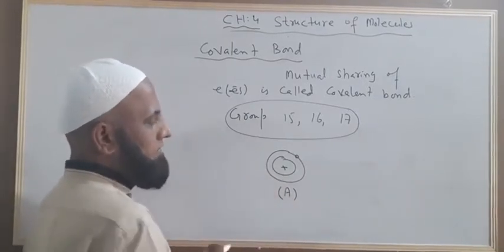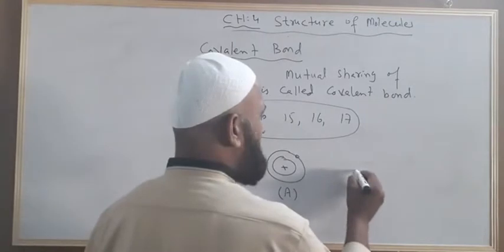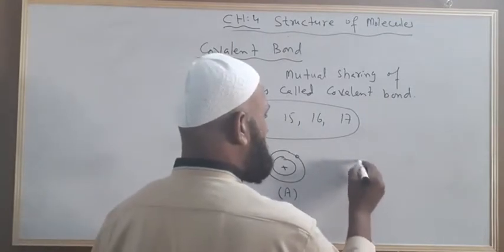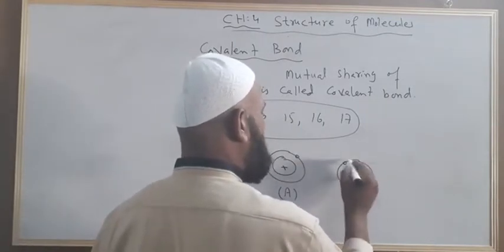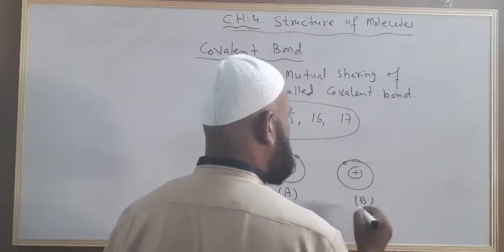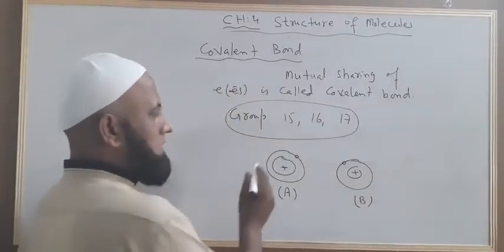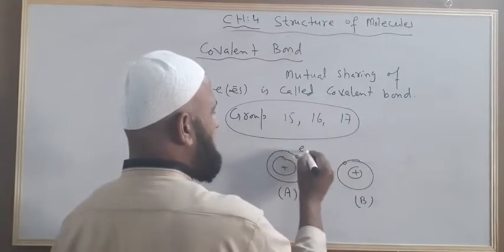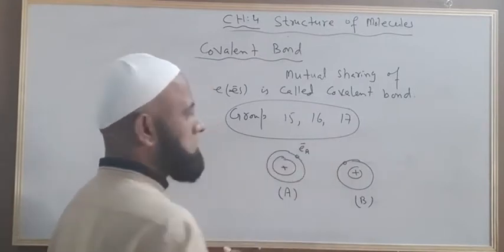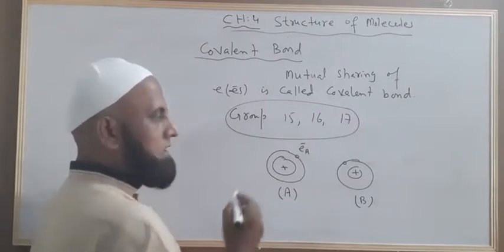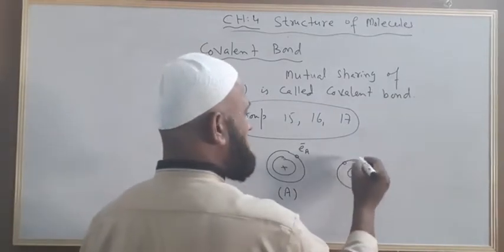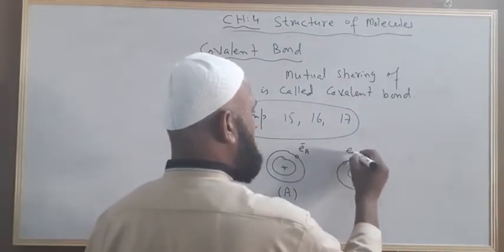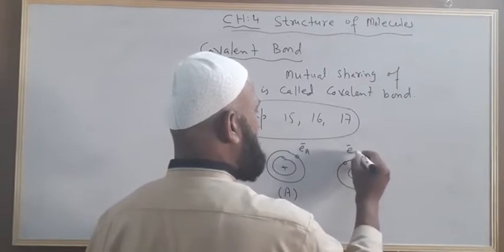Just suppose we have an atom A, and similarly another atom, atom B. The electron of atom A we can represent as Ea. The electron of atom B can be represented as Eb.